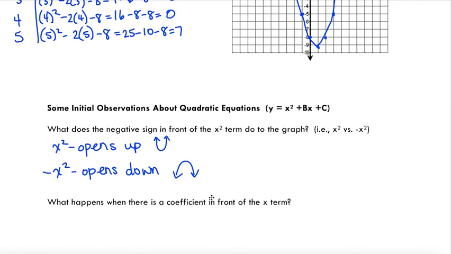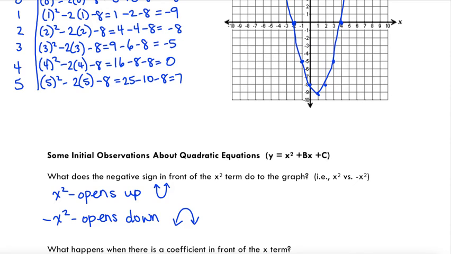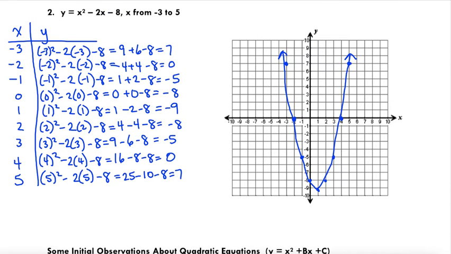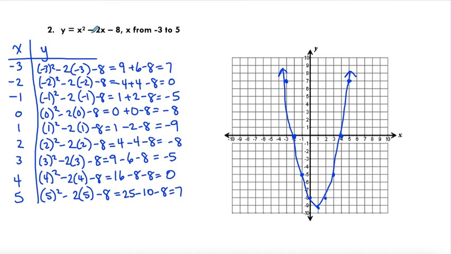So what happens when there's a coefficient in front of the x term? We'll notice that this last one here, we had a negative 2x. So this was the only one that had an x term in the equation. And what happened to this equation? What did it do? Well, it moved our equation, didn't it?